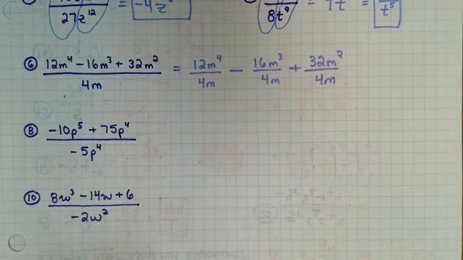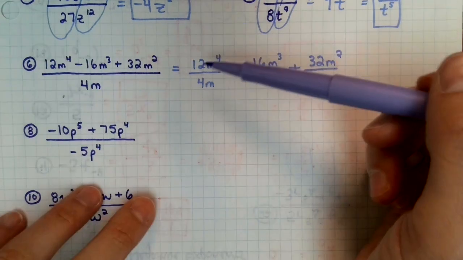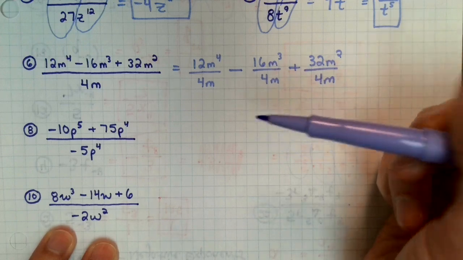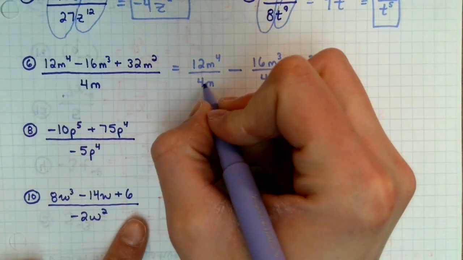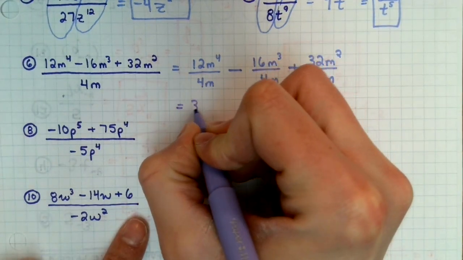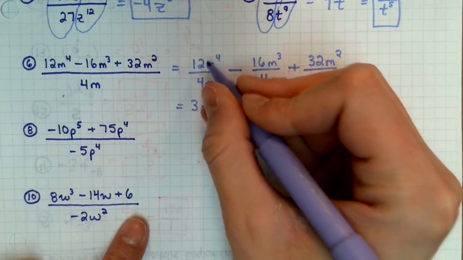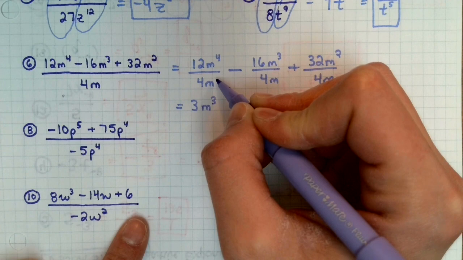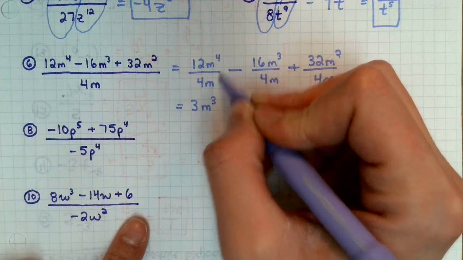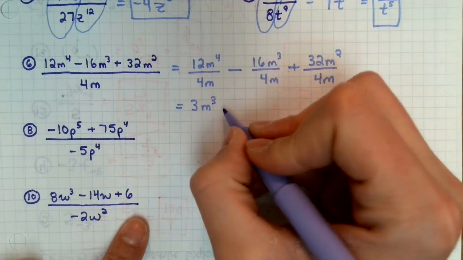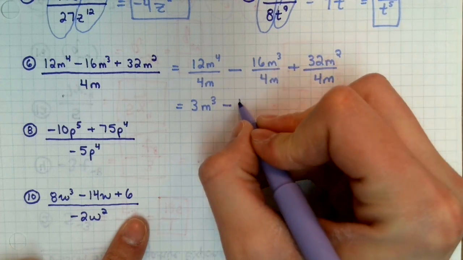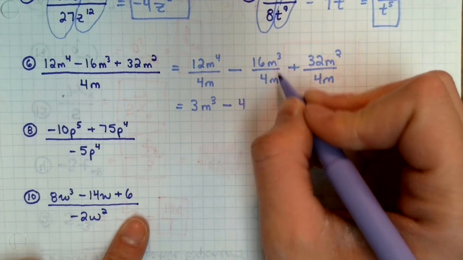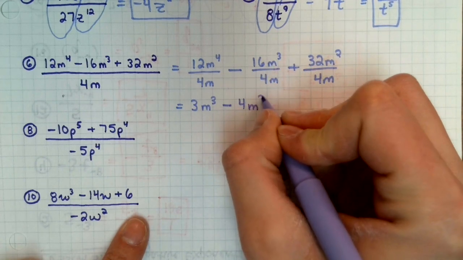So now, this is just going to go back to what we just did in the previous question. We're going to simplify each of these using those rules for exponents. So this part here is going to turn into 3m to the 3rd, because 12 divided by 4 is 3, m to the 4th over m to the 1st, we're going to subtract those, so 4 minus 1 is 3, minus 16 divided by 4 is 4, and then m to the 3rd power over m, that's going to be m squared.